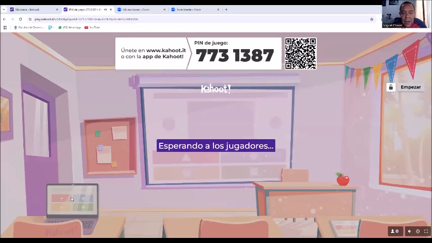Okay, the pin for the Kahoot is 773-1387, or scan the QR code, please.